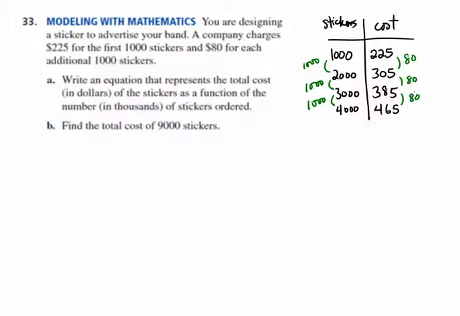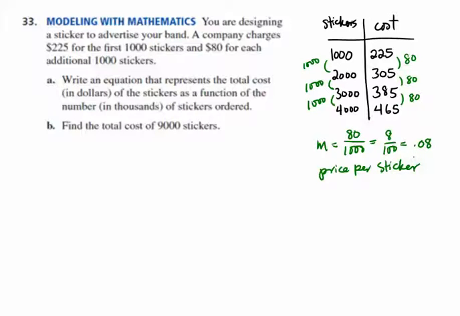And that slope is the change in y over the change in x, which comes out to 80 over 1,000, or 0.08. What does that mean? That is the price per sticker that we're going to buy.